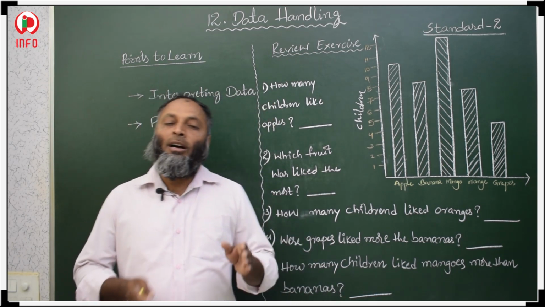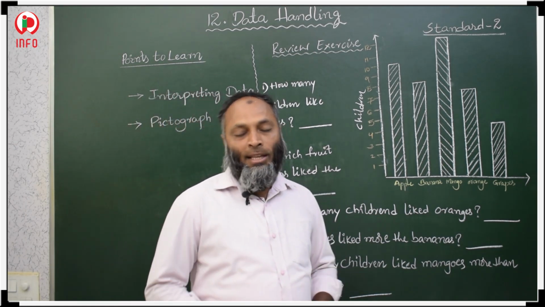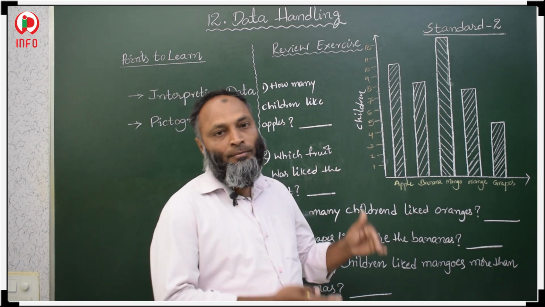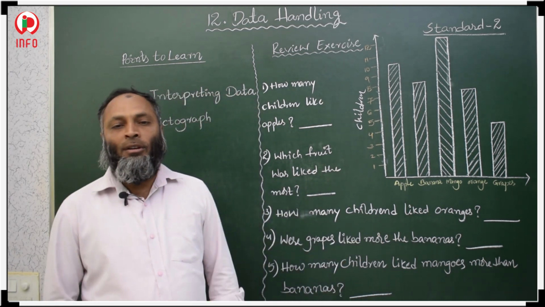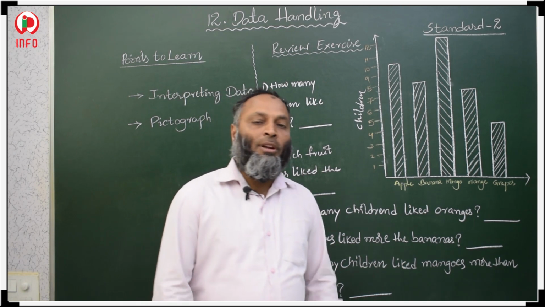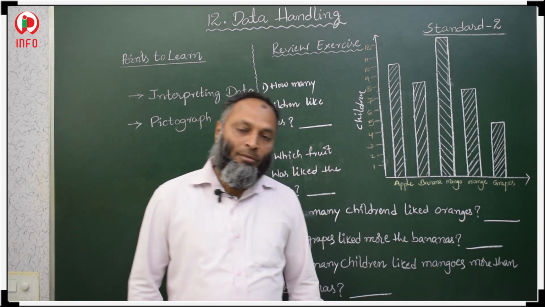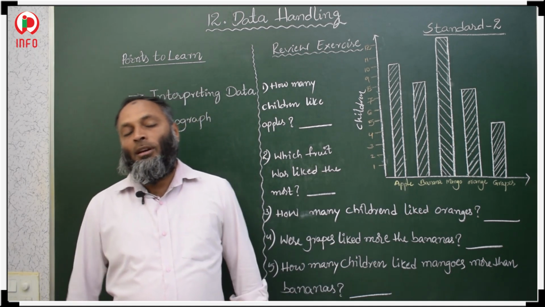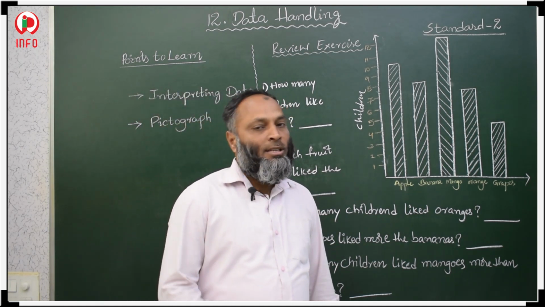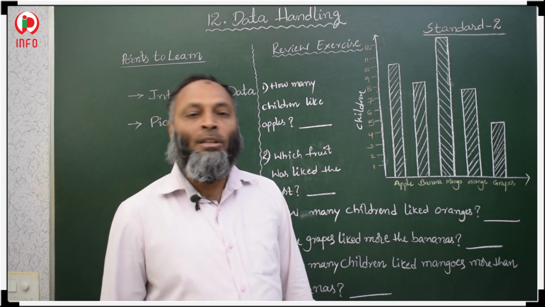How do we represent the data using a pictograph? We have many graphs to represent data: a pictograph, a bar graph, a histogram. Many methods are there to represent the data.